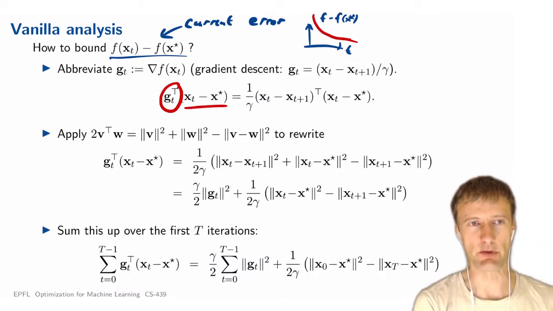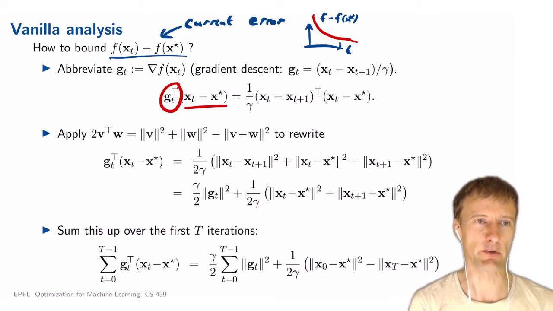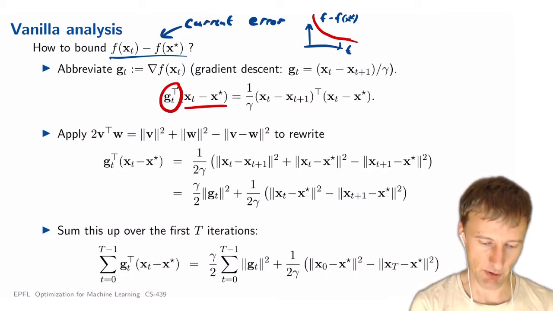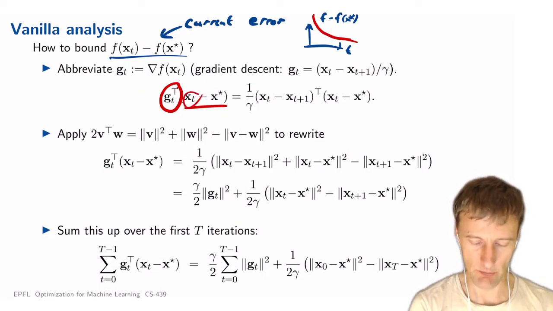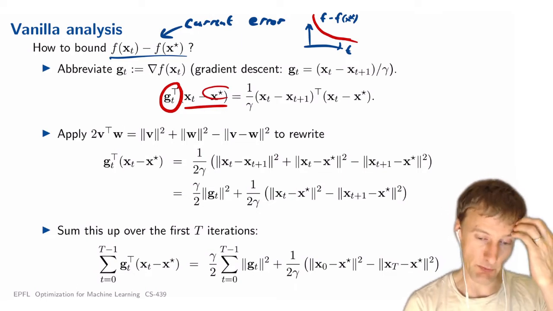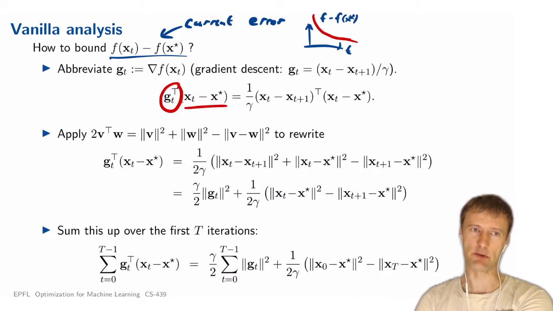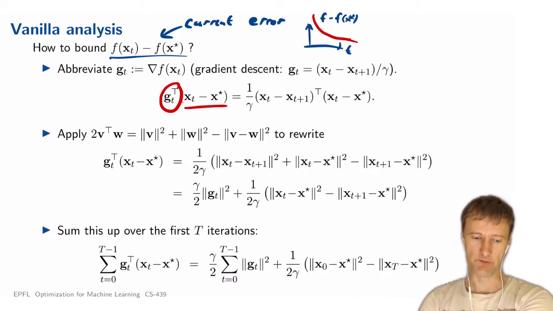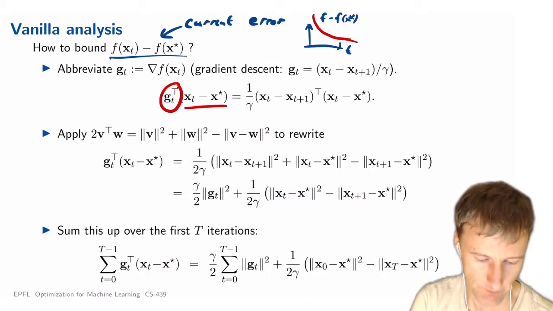But we're doing a theoretical analysis, so we can still consider that vector, that quantity. So we want to say something about this quantity. I have this gradient, I'm at xt, I want to see how I move towards x star or not. This quantity, by the way, is the same quantity you have seen in the optimality condition for a constrained problem, but here it's for a very different purpose.